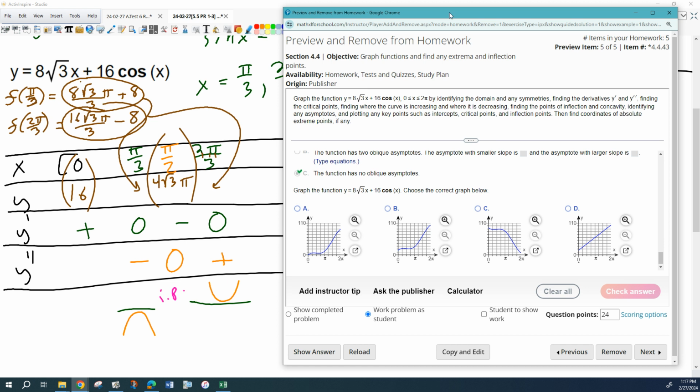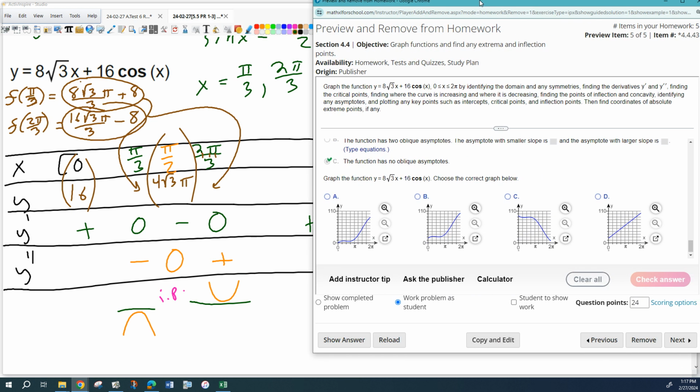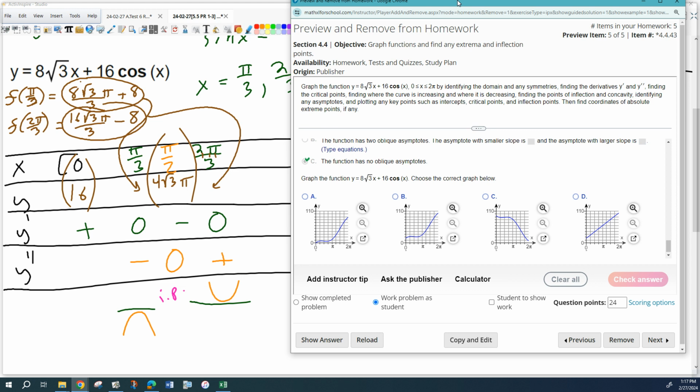Okay, graph of our function. Which one would it be? So we got increasing, maximum, minimum, point of inflection. Absolute maximum, I guess. I just did what 2 pi was. So I put the y in and then x is 2 pi.